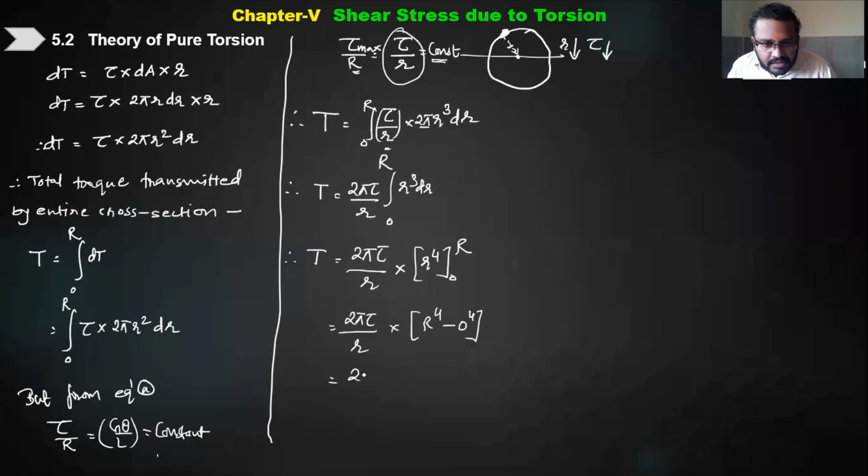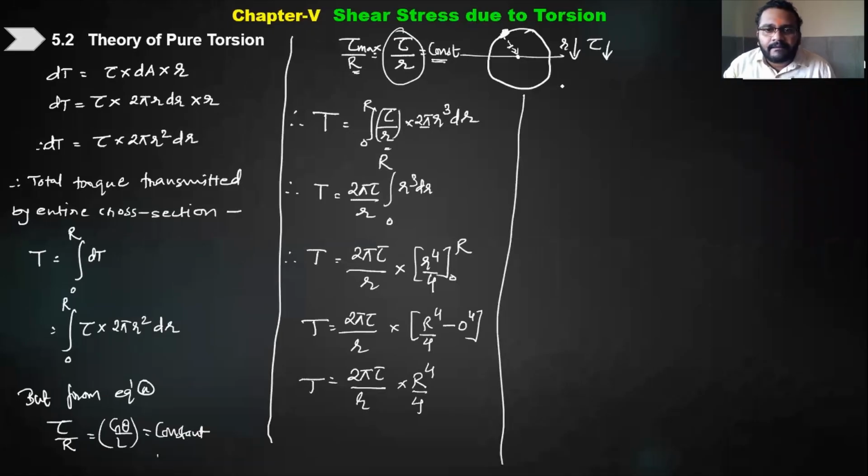So we will get 2 pi tau by r into R raised to 4 upon 4. Yes, R raised to 4 by 4, so here there will be 4. Now see here, what is the torque I am getting? 2 pi tau by r into capital R raised to 4 by 4.